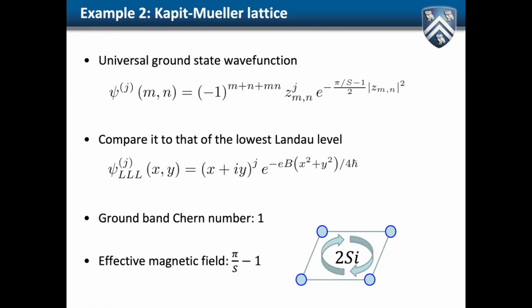And so you can calculate the ground state, and universal again means independent of the geometry. And so it is the analog of the lowest Landau level. You can calculate the Chern number, which is 1 for these states.